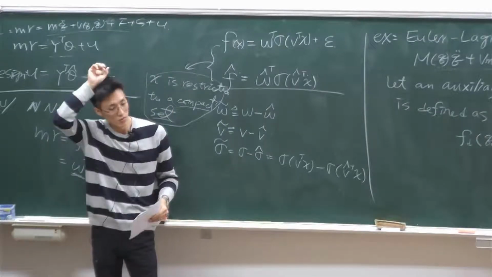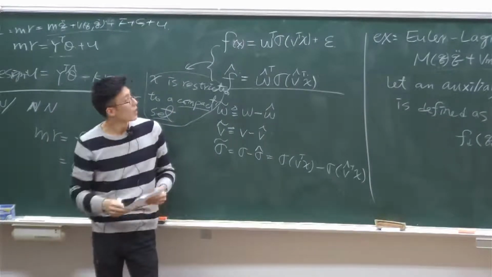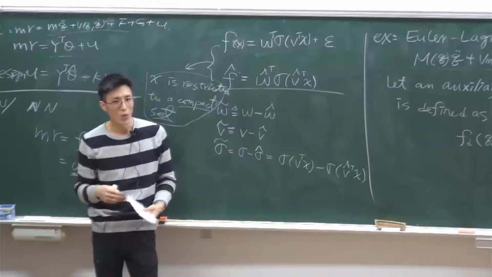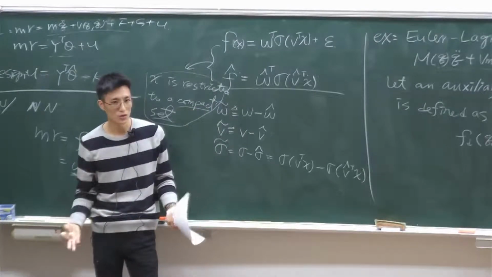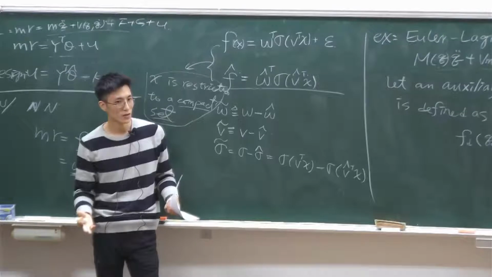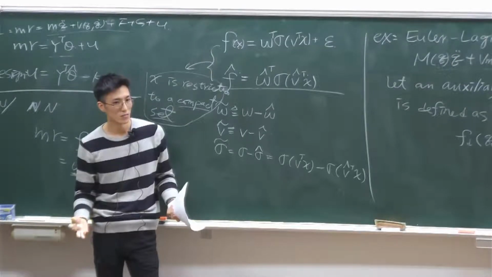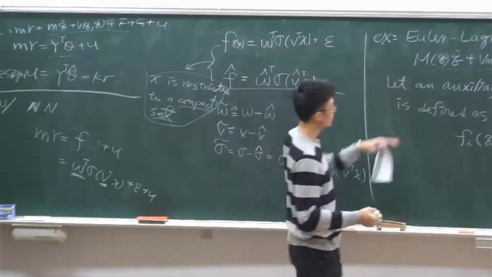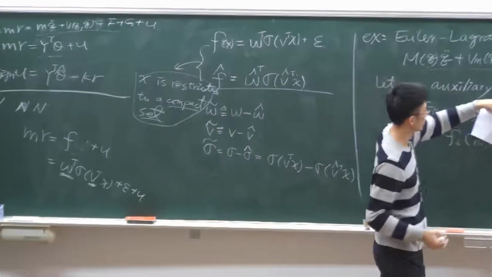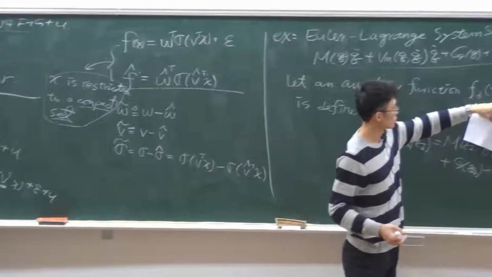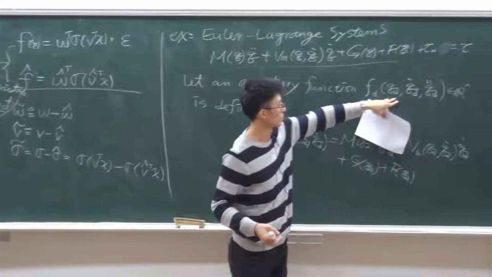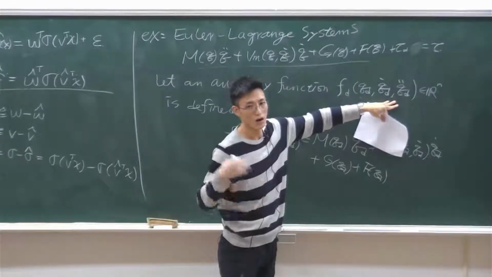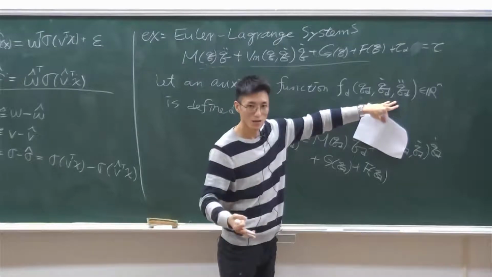But here comes the problem, right? x is the state. How can we show that x is bounded before the proof? We can't, right? So that's why we design an auxiliary function that is a function of desired trajectory, because desired trajectories are bounded, are in a compact set.